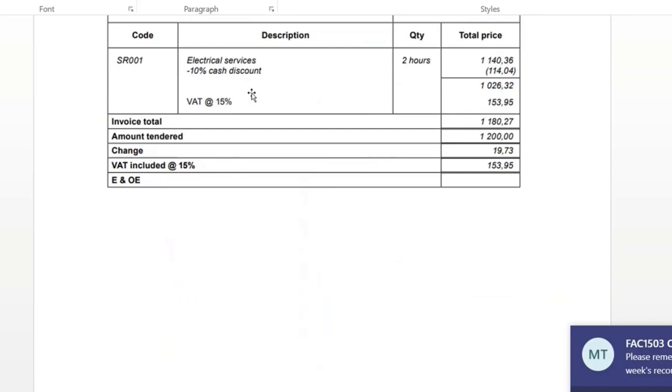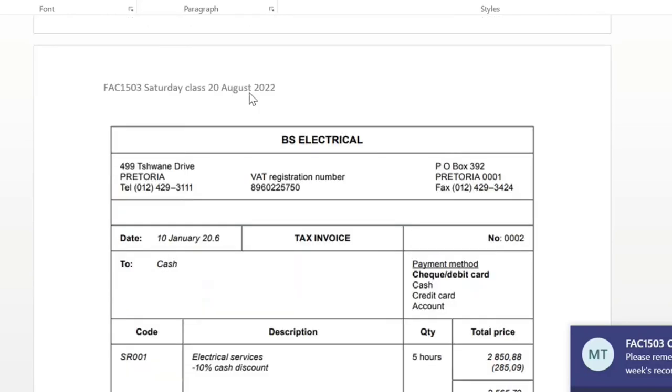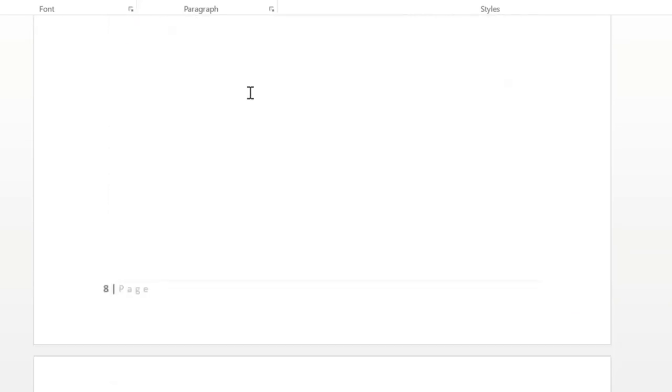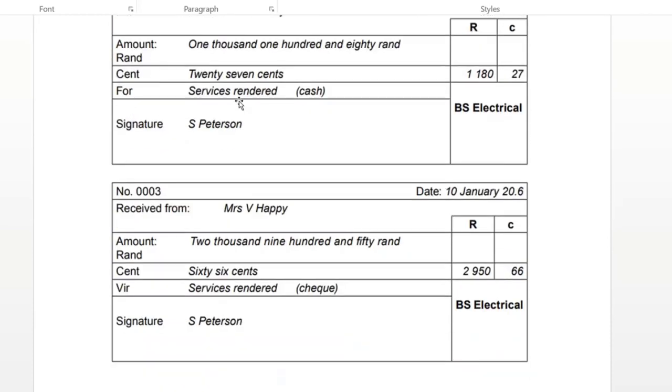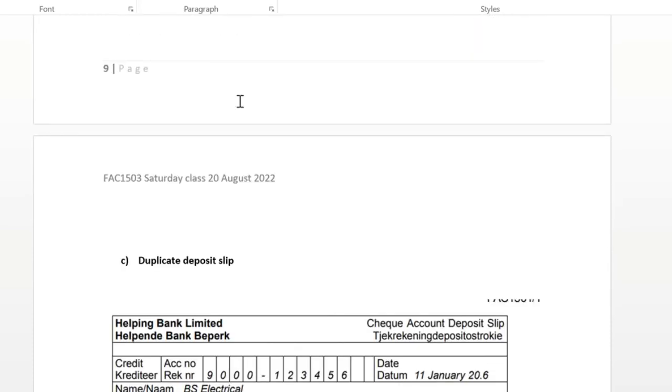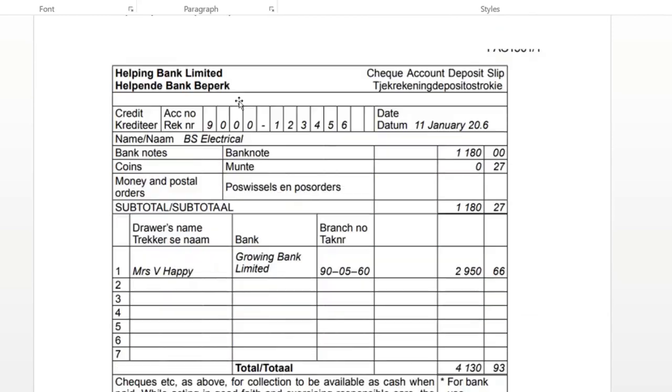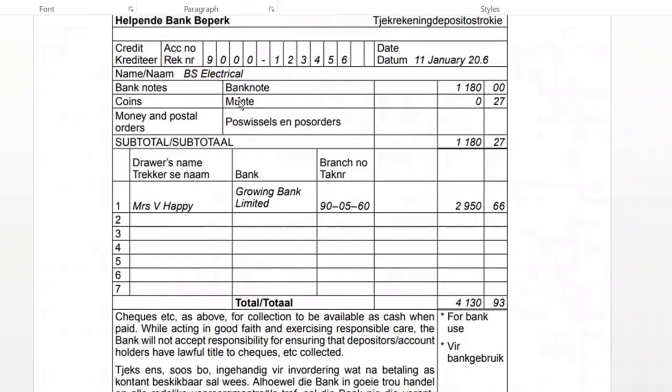Duplicate cash sales invoice, duplicate receipts and duplicate deposit slip. You understand, guys?